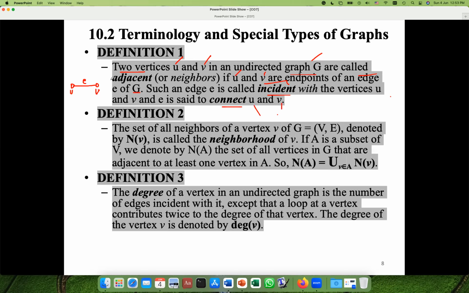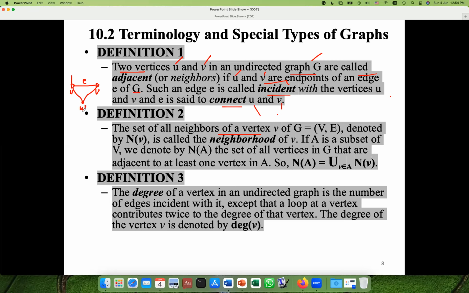So if adjacency is there, then we can say something about the neighborhood of a vertex. I can introduce another vertex here, and then I can draw the edges here. So now, what are the neighbors of this node? If I call it W, what are the neighbors of this node? V and W. What are the neighbors of this V?